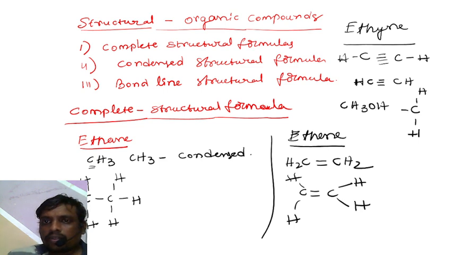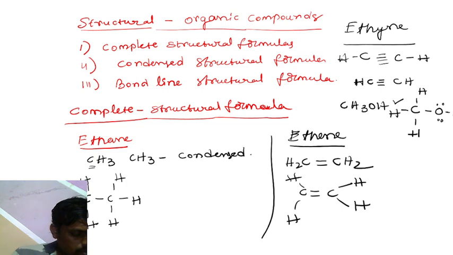Now I am drawing the complete structural formula. As you know, oxygen is present here, and the OH group is represented like this. So this is considered the complete structural formula.